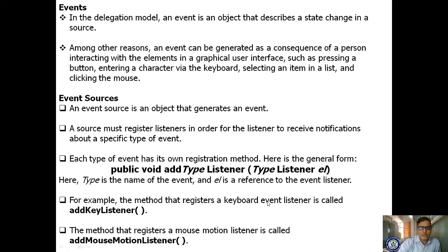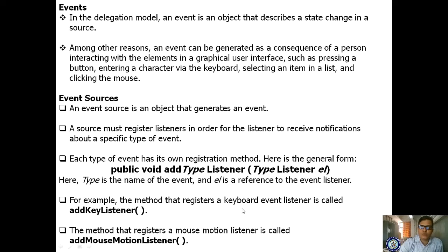For example, the method that registers a keyboard event listener is called addKeyListener. If I press the keyboard, it has to use addKeyListener, which is for registering keyboard events. Next, the method that registers a mouse motion listener.